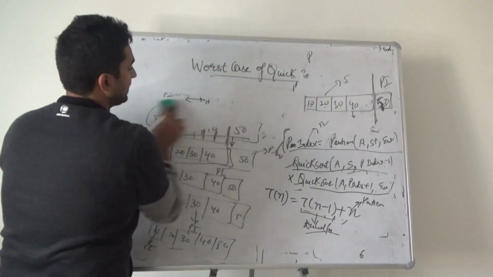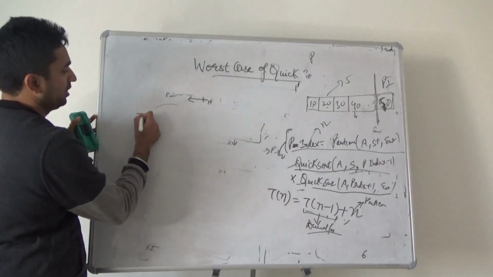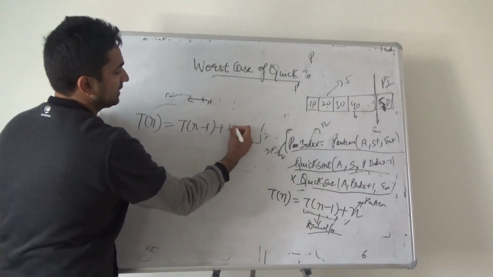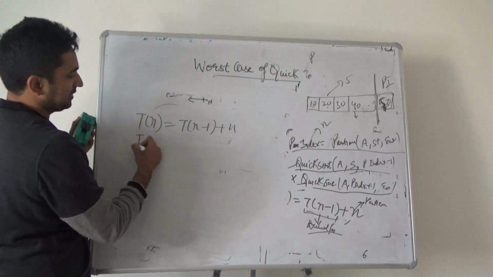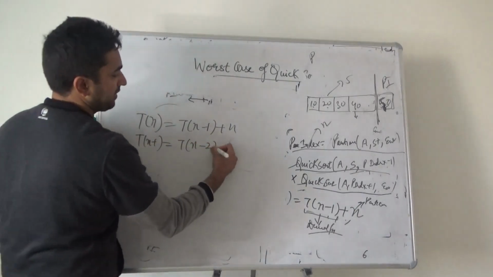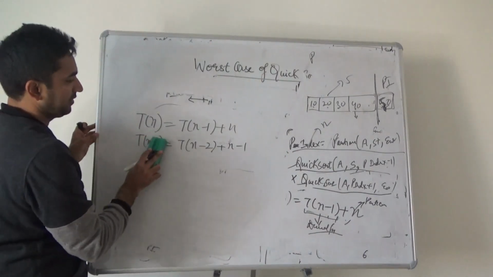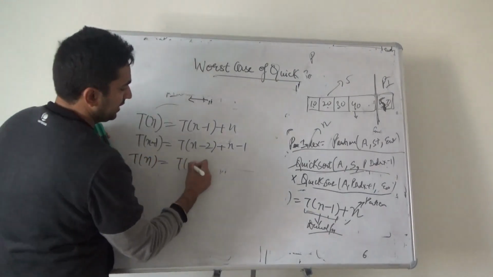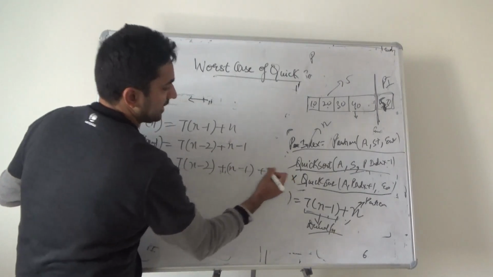If I try to analyze the complexity of this code, it would be T of n equal to T of n minus 1 plus n. I can easily calculate this by the substitution method. I will get T of n minus 2 plus n minus 1, so this is T of n minus 1. If I write T of n, it would be T of n minus 2 plus n minus 1 plus n.